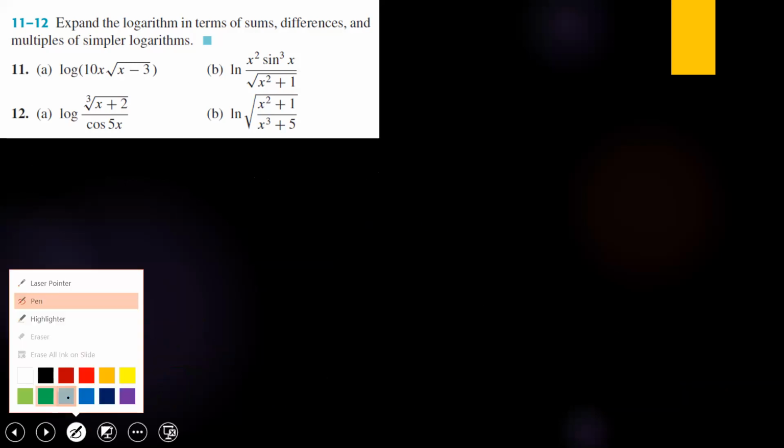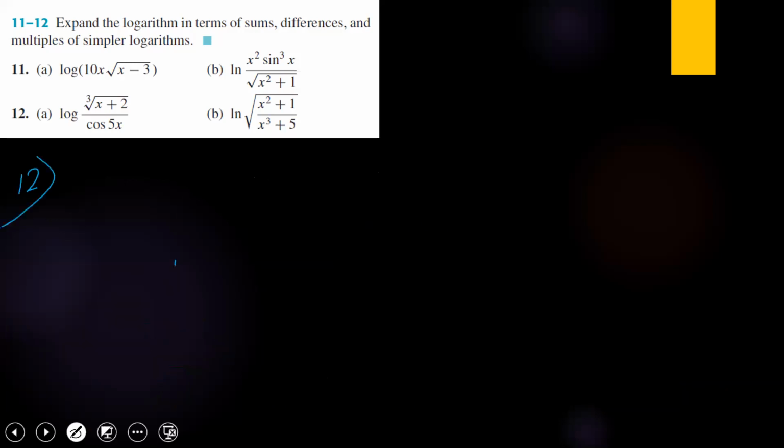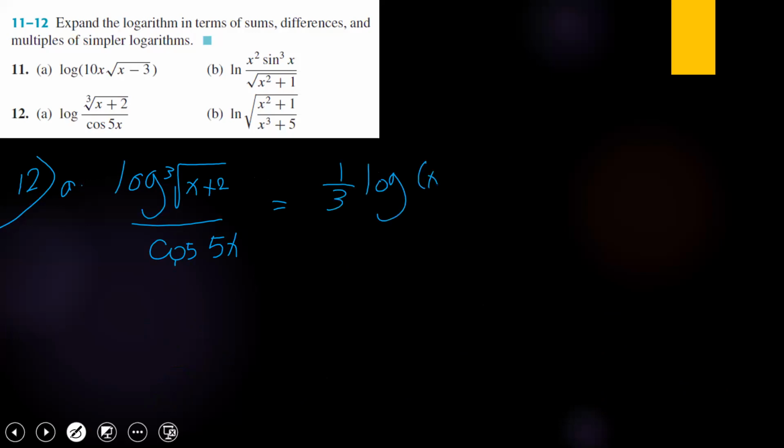Let's solve now 12A. Log of cubic root of x plus 2 over cosine 5x. Here, we write it as 1 over 3 log of x plus 2 minus log cosine 5x.